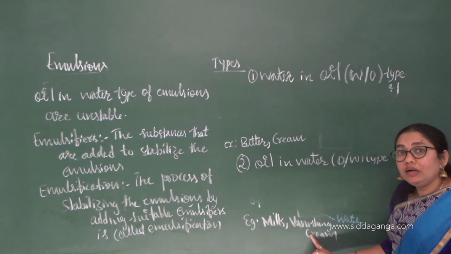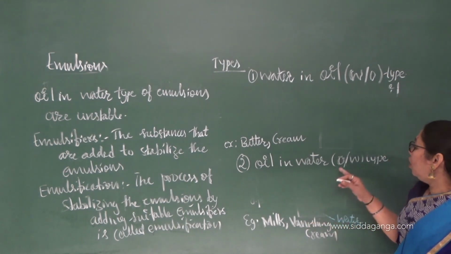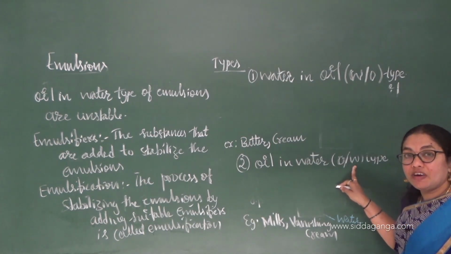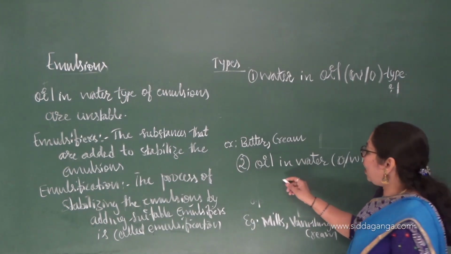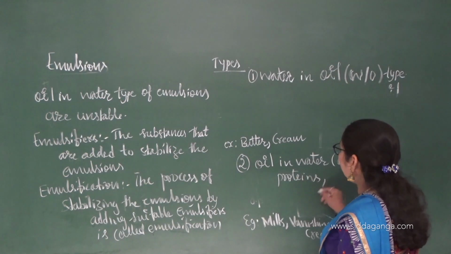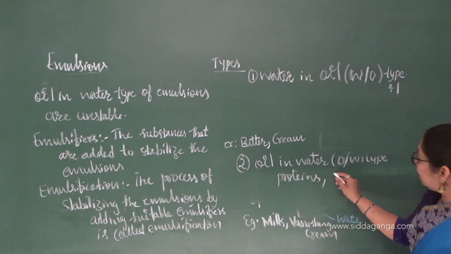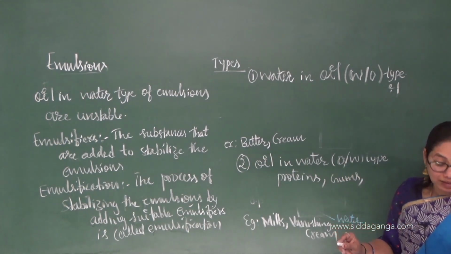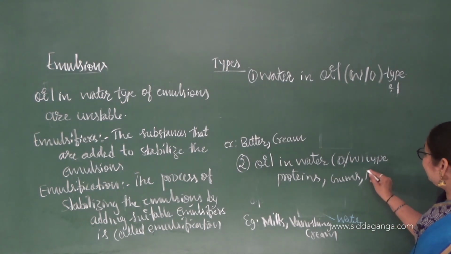What are the emulsifying reagents that we can add to keep the oil and water in the interface to form the emulsion? You can add proteins as the emulsifiers, or you can use gums, or natural and synthetic soaps.